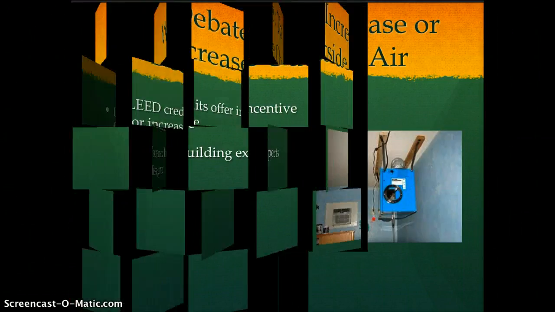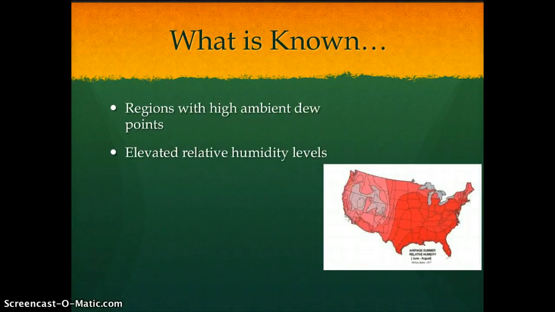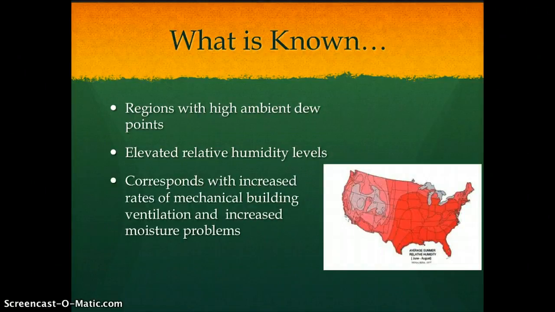What is known about ventilation air is that in regions with ambient high dew point conditions and elevated relative humidity levels, which include much of the entire eastern half of the country during portions of the year, there is a direct correlation between the number of moisture problems and increased rates of mechanical building ventilation.